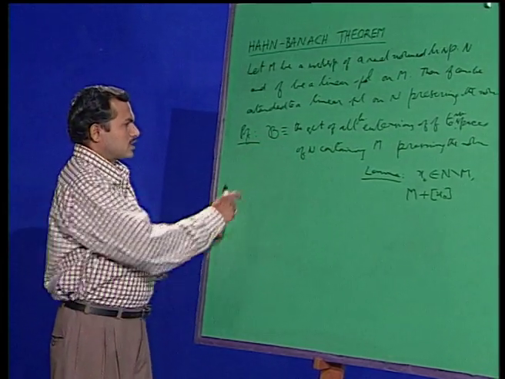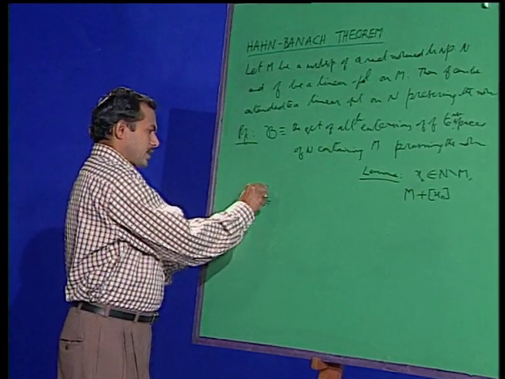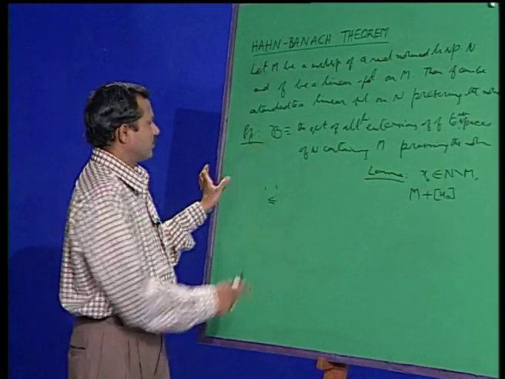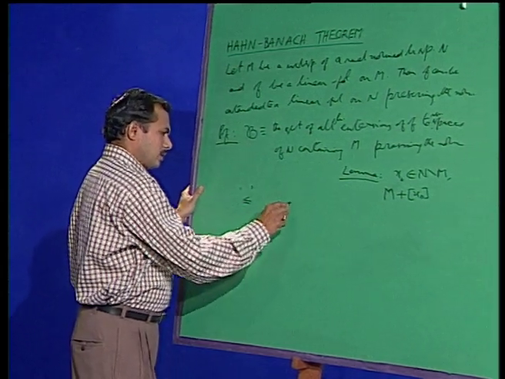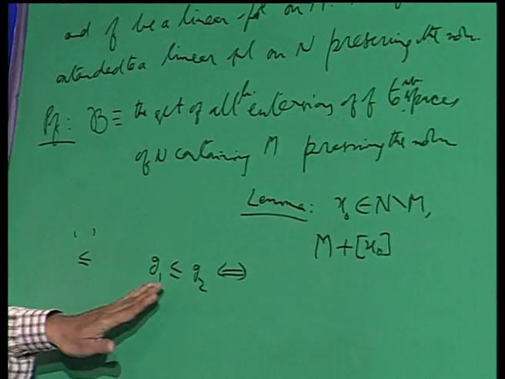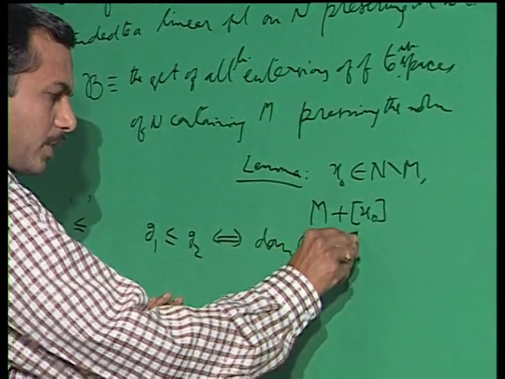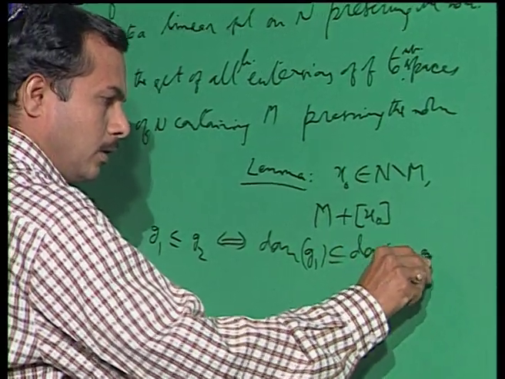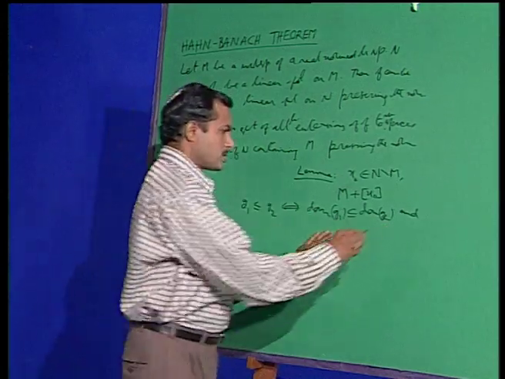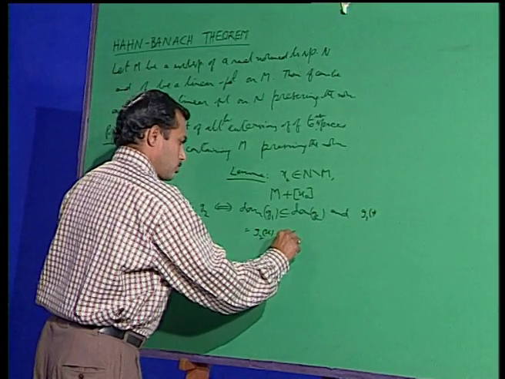And now on this collection B we define a partial ordering. Let us define it as less than or equal to. We take any two members G1, G2 from this collection B. We define G1 is less than or equal to G2 if and only if domain of G1 is contained in domain of G2, and on the common domain, that is on the smaller one, G1 of x is equal to G2 of x, that is, on domain of G1.